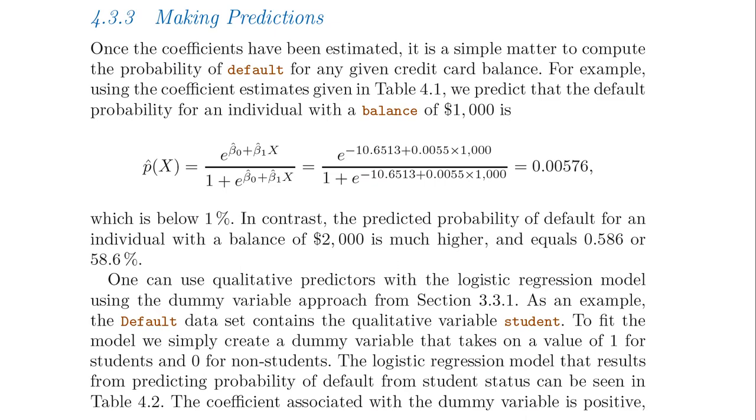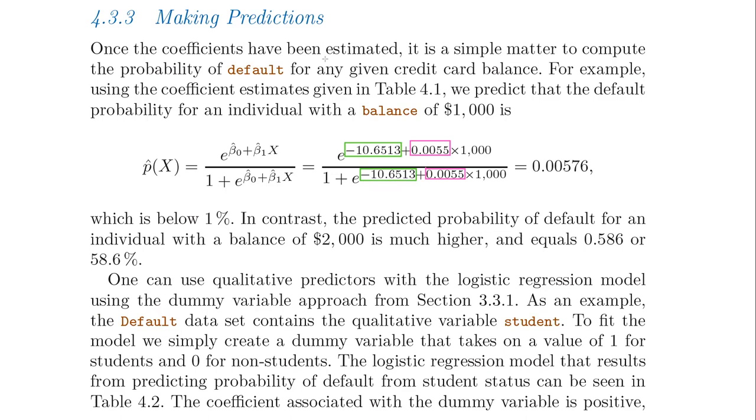Once the coefficients have been estimated, and we saw earlier that our coefficients are beta naught hat and beta 1 hat, it is a simple matter to compute the probability of default for any given credit card balance.